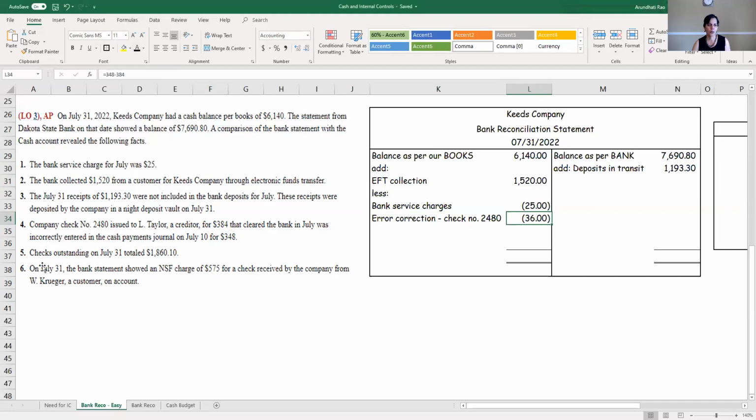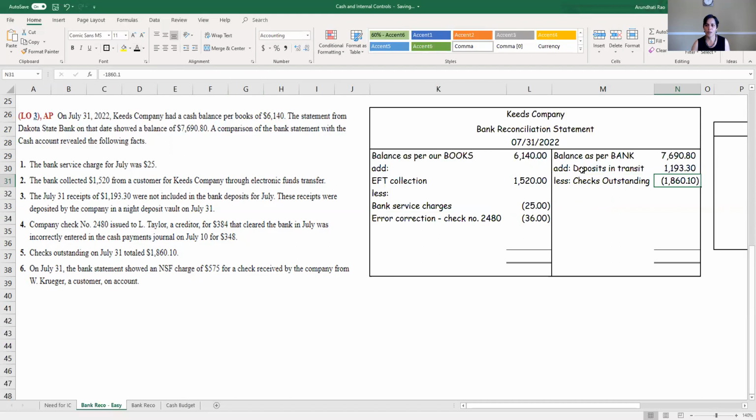In number 5, I'm told checks outstanding at July 31st are 1860.10. These are payments that I have made that the bank has not yet cleared. When they do, they're going to take the money out of my account. So that's going to be on this side, the bank side, less checks outstanding. And the amount is 1860.1.